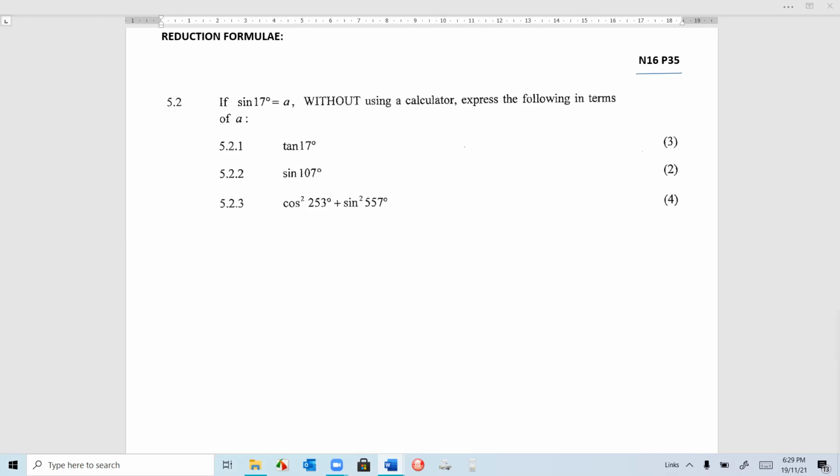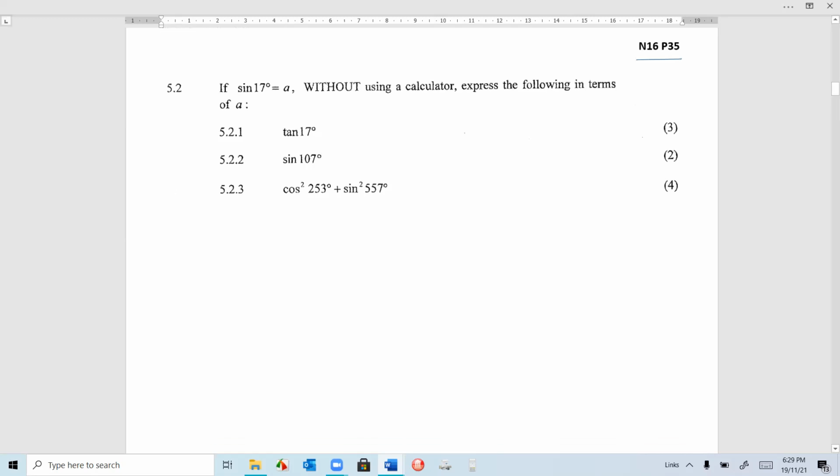So if we look at this question, it tells us that sine 17 is equal to A. And they say without using a calculator. So without using the calculator, what you can use to help you is a diagram. Now we know 17 degrees is in quadrant 1 because it's an acute angle. All right, 17 degrees is in quadrant 1.